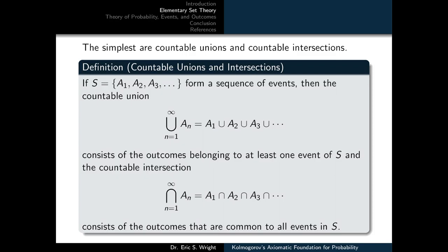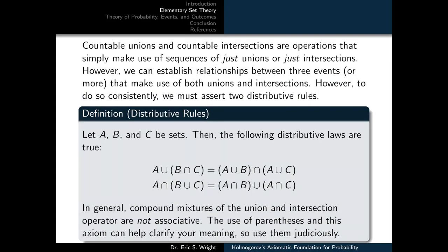Similarly, the countable intersection is the intersection of all of the events A1, A2, A3, and so on. In order to belong to the countable intersection, an outcome must belong to each and every event in the sequence.